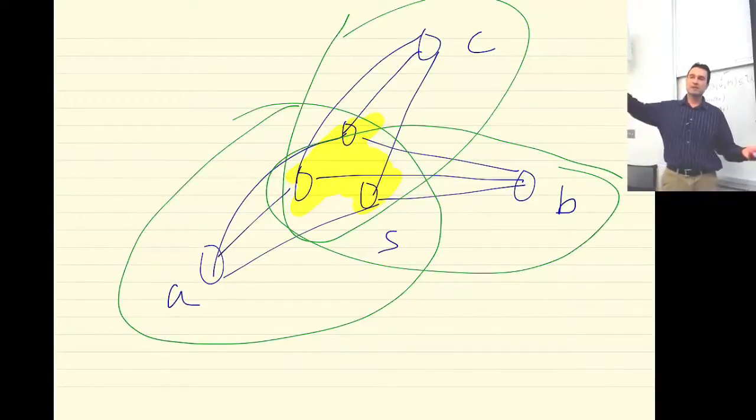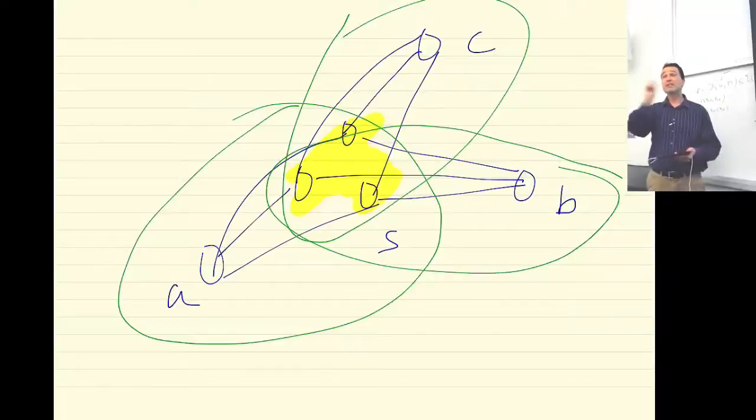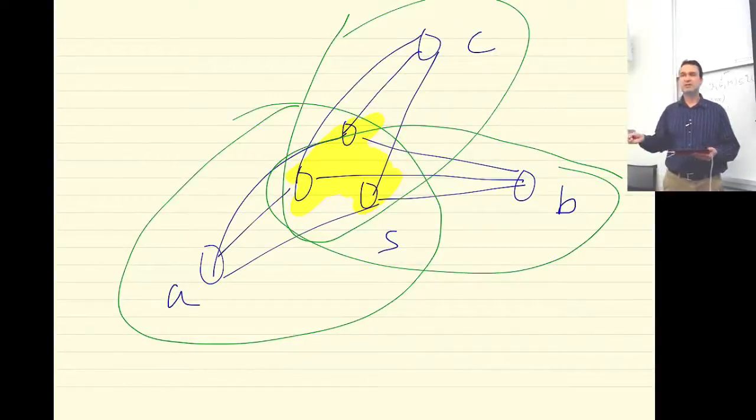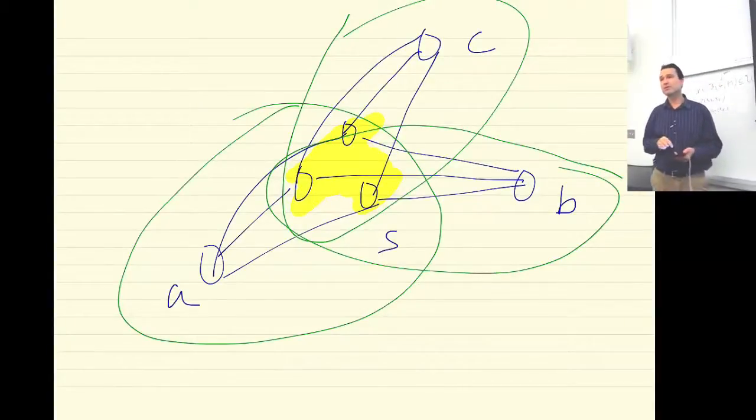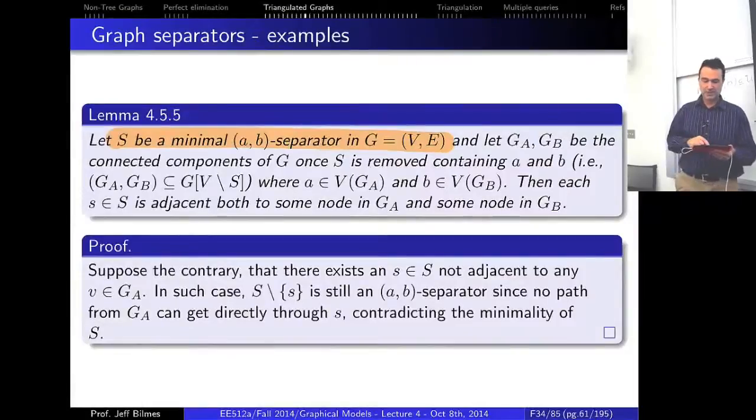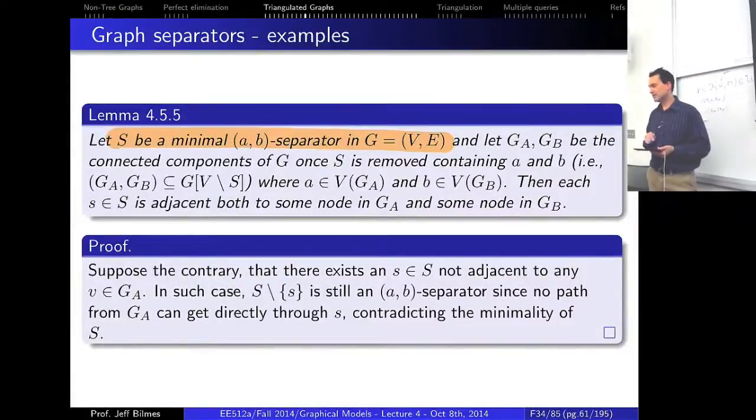If you're starting with a graph where everything is connected to everything either directly or indirectly, and then you have a separator, it shatters the graph into at least two pieces. And if it's an A-B separator, there's a piece which involves A, there's a piece which involves B, and there might be other pieces which involve something else, or there might only be two pieces. Okay, but these are called the connected components associated with the separator. There could be two or more of them. And what the theorem here is talking about is the following.